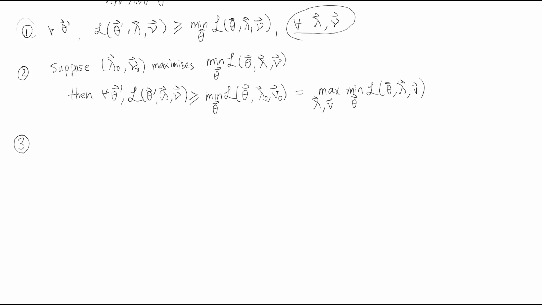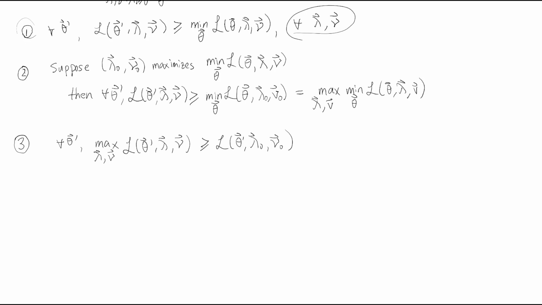So let's make a separate observation, number 3, and that is for all theta prime, we have that max over lambda and nu of L of theta prime, lambda, and nu is always going to be greater than or equal to L of theta prime, lambda 0, and nu 0. Why is that?